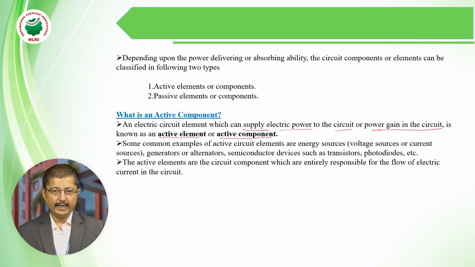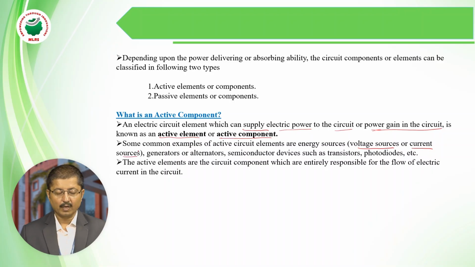So that means here active means what? Active means it has to supply the electrical power to the electrical circuit, or power gain in the circuit. Some common examples of active circuit elements are energy sources, that is, voltage sources and current sources.